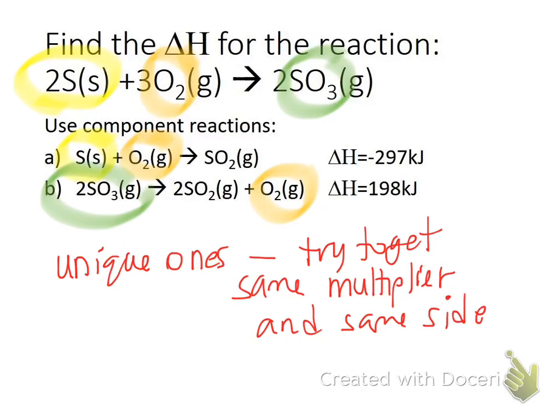Okay? So for now, I'm going to ignore the orange. The orange is located in two reactions, and so I'm going to hold off on that one. So I'm going to go ahead and erase that so we can see that we're working with the yellow and green at this point.